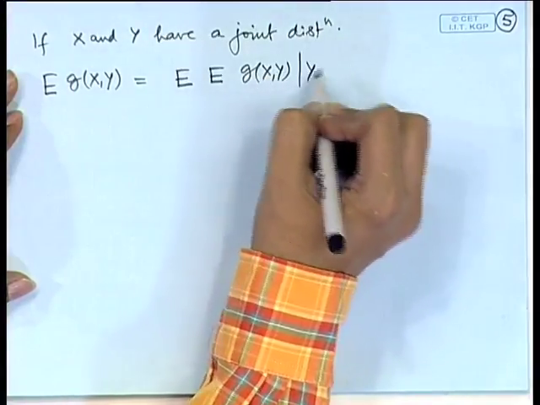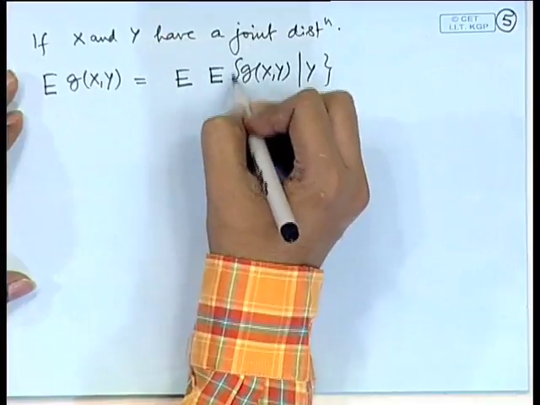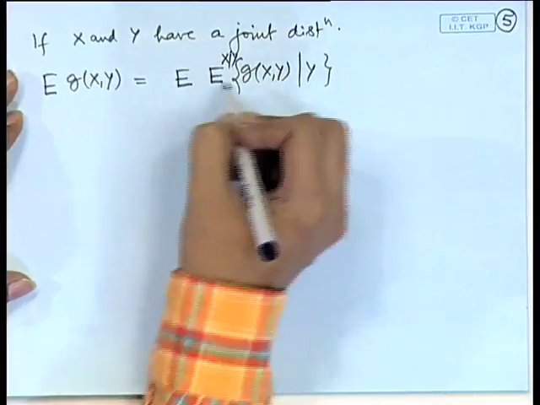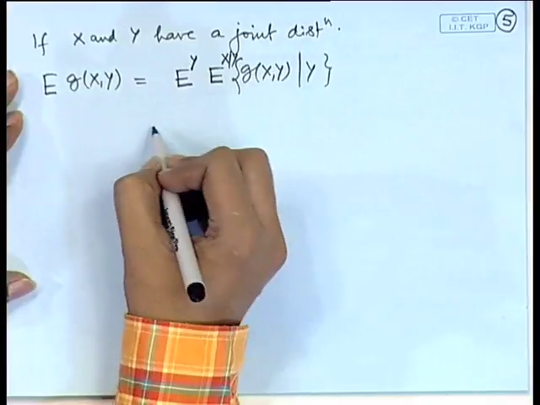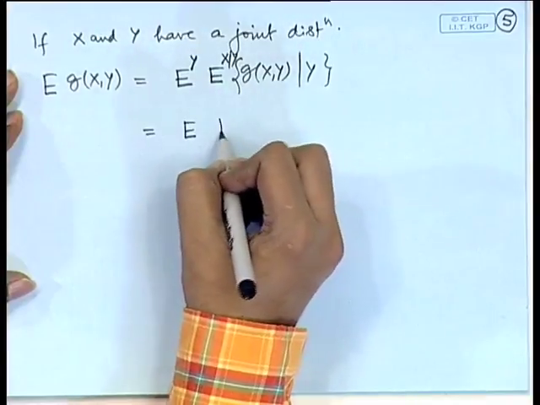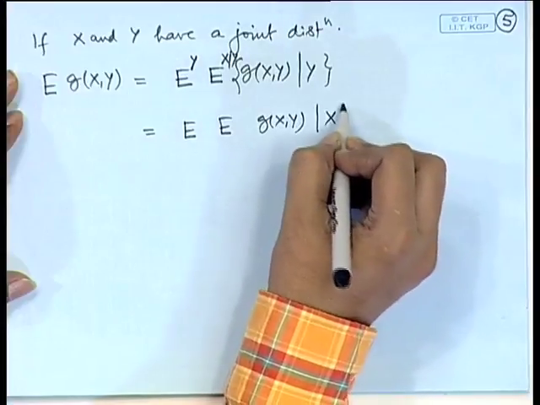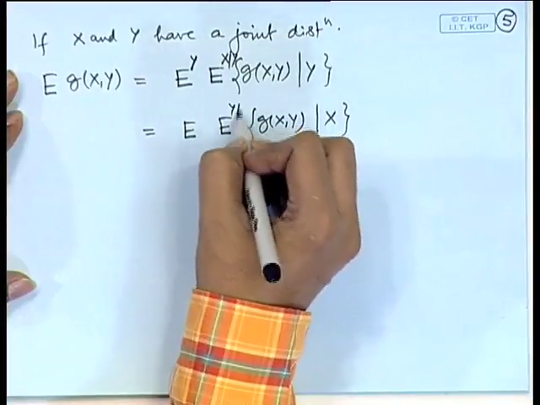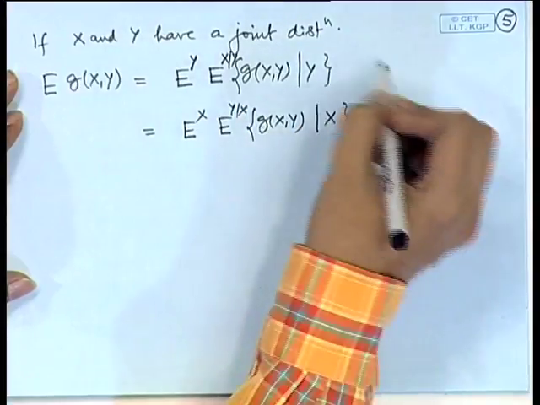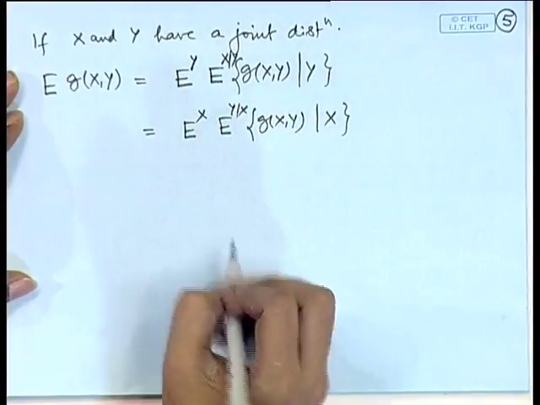We may calculate firstly the conditional expectation of g x y given x, and then with respect to the marginal, or alternatively given y, provided of course the expectations do exist.